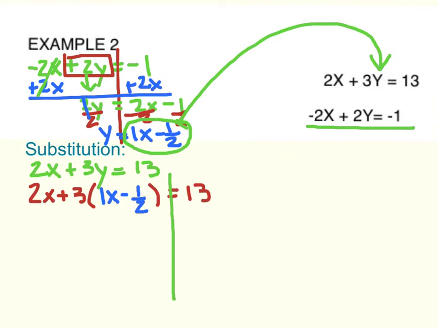Now I notice first though I have to distribute on the left side. So I'm going to bring down that 2x because I'm not doing anything to it yet. And I'm distributing a positive 3. 3 times 1x is positive 3x. And 3 times negative 1/2 is negative 3 over 2 equals 13.